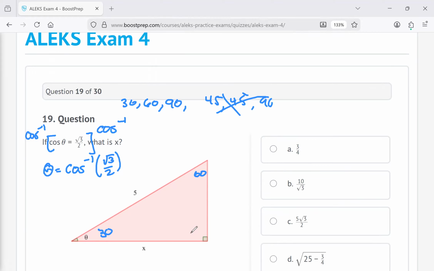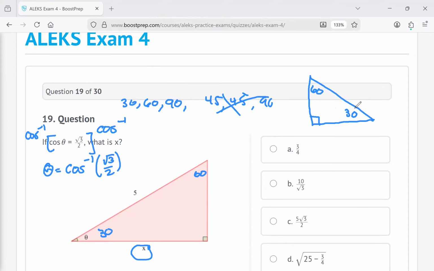So now we could find x, or this leg, by using the rule. What is the rule of a 30, 60, 90? You must know this. You could set it up any way, but you need to know the rule.